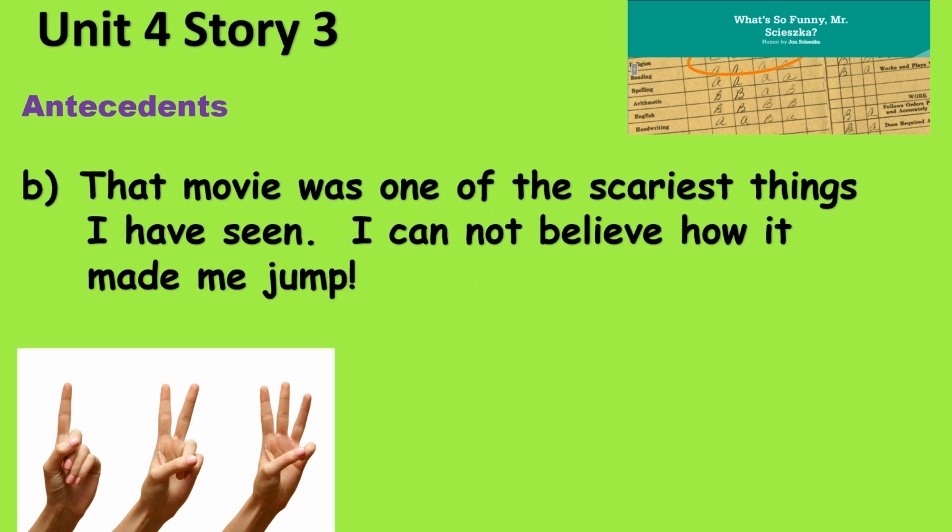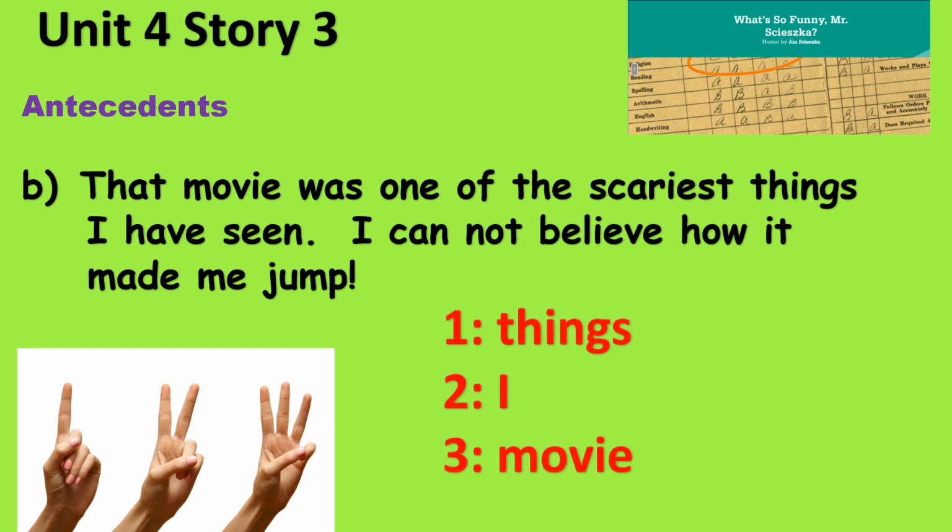Bigger sentence, 2 sentences. "That movie was one of the scariest things I have seen. I cannot believe how it made me jump." So we want to look at the pronoun of it. What is it? What is the antecedent of that it? If I just went up to you and I said, I cannot believe how it made me jump, am I talking about a spider? Am I talking about a pencil that fell on the floor? Or what am I talking about?